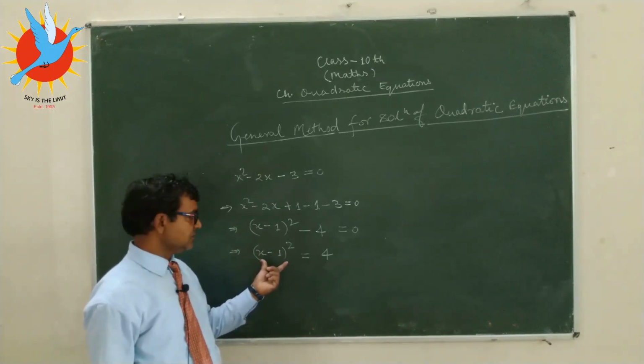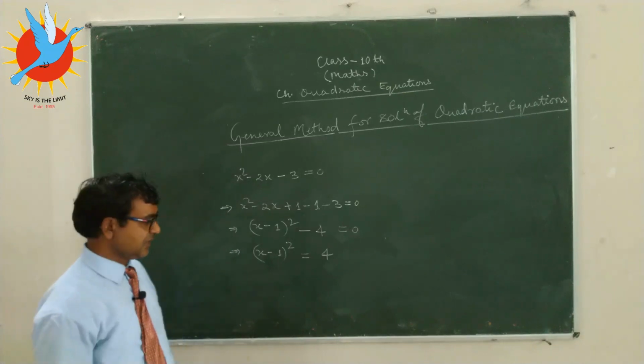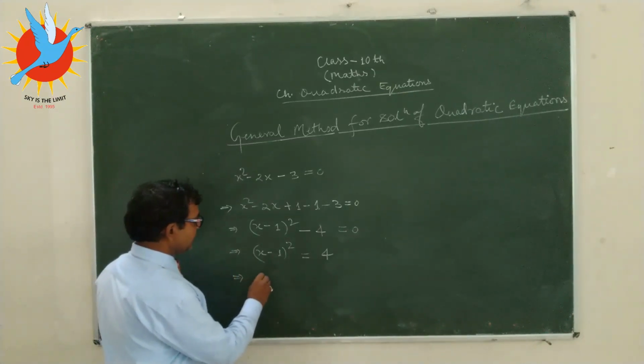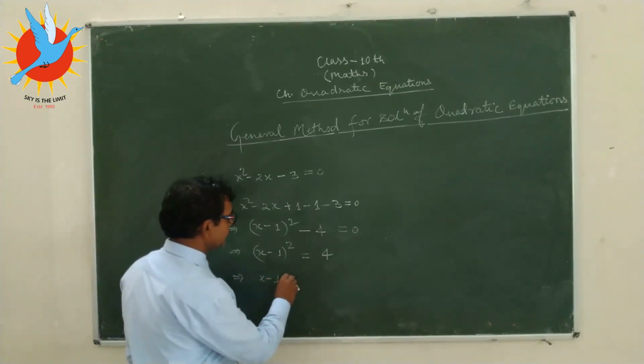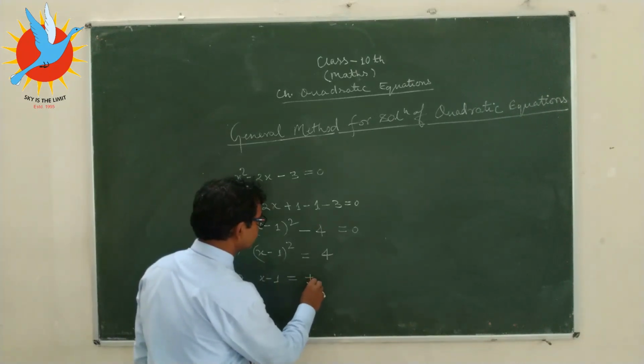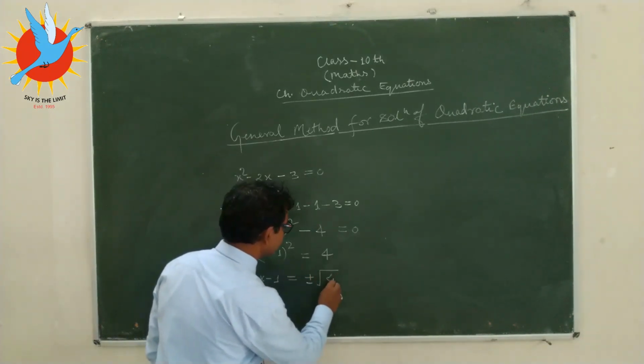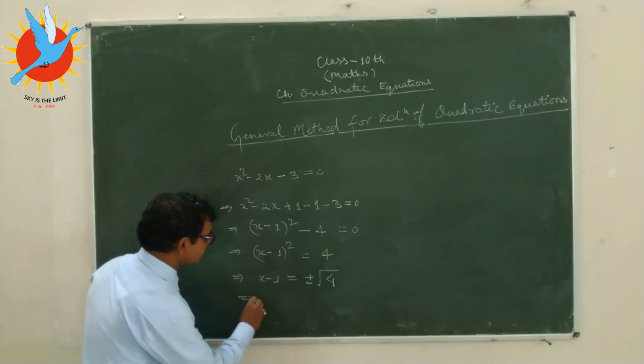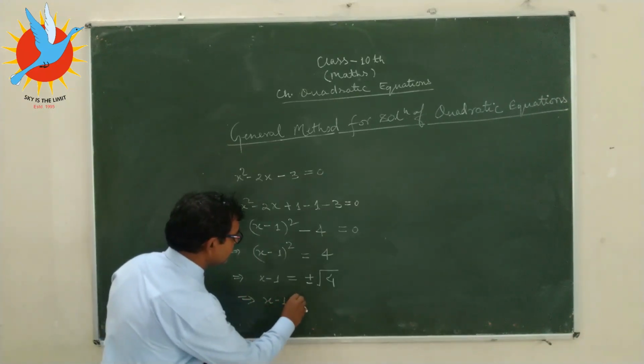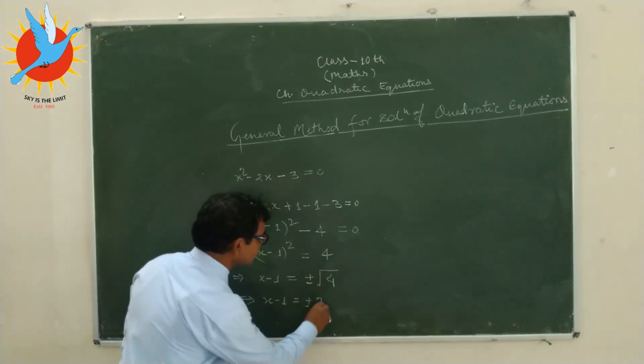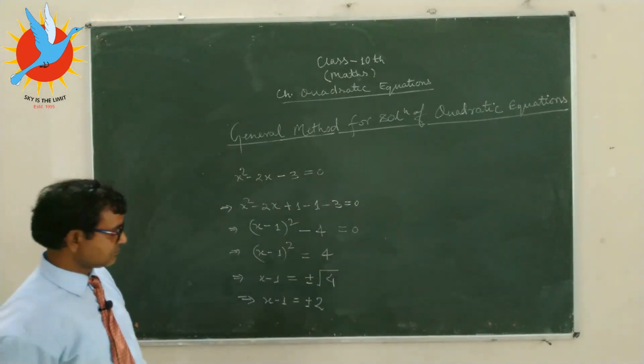Now if you take root on both sides, we have x minus 1 equal to plus minus root over 4, and this can be written as x minus 1 equal to plus minus 2.